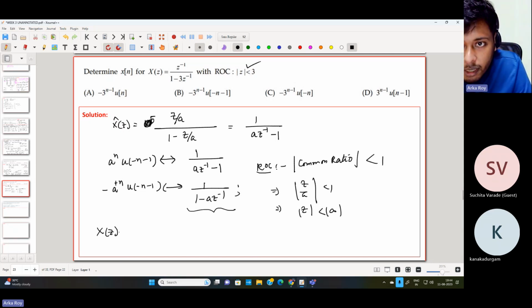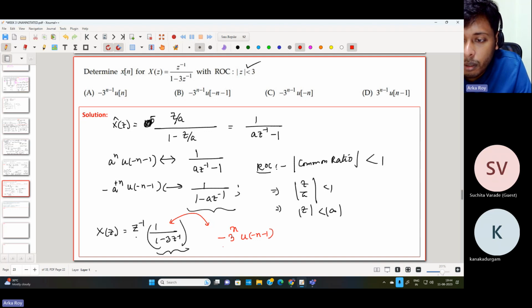So X(z) is z inverse over 1 minus 3z inverse. That means there is some sequence and a delay is multiplied with that. So if I take the z transform of this particular thing, it will be minus 3 to the power n u of minus n minus 1.